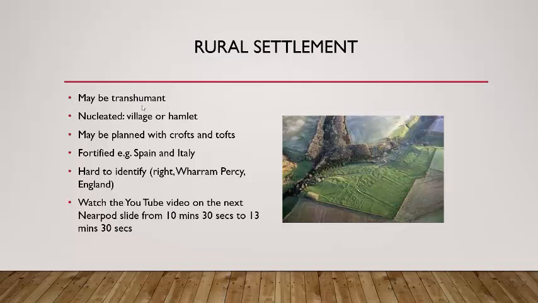In places like Spain and Italy, we are often able to spot rural settlement because they often were fortified villages. In a way, we might be looking to see a village version of a castle in Spain and Italy. So these might be up high, but there would have been a lot of emphasis on the surrounding walls.